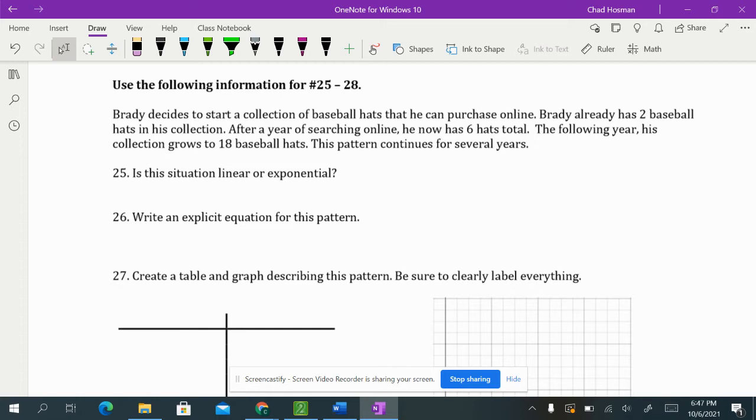Well, it's going from 2 to 6 to 18. So we know right away it's not being added by the same thing each time, because that doesn't add up, right? But we can tell that it's being multiplied by 3, because 2 times 3 is 6, then 6 times 3 is 18. Since it's being multiplied by the same thing each time, we know it's exponential.